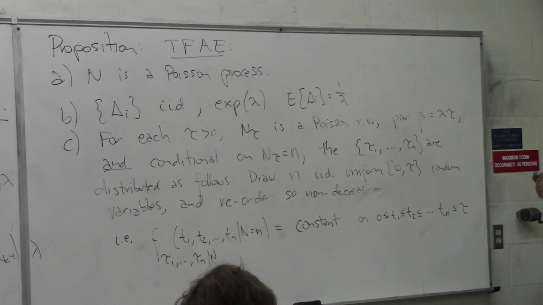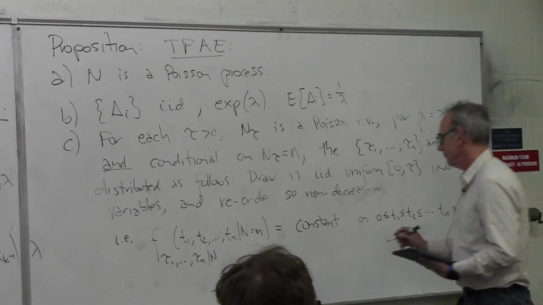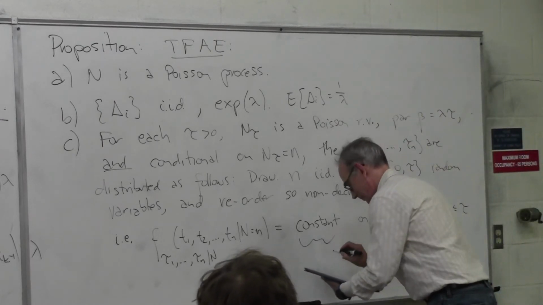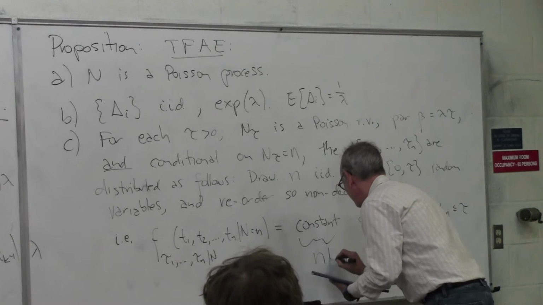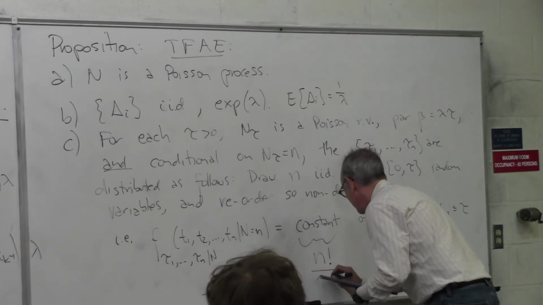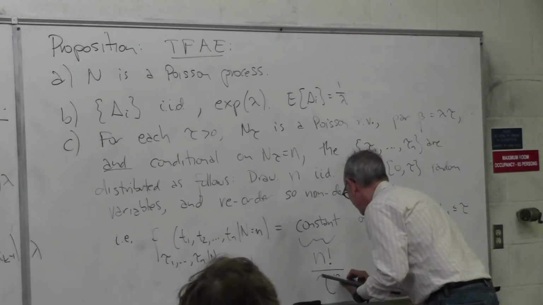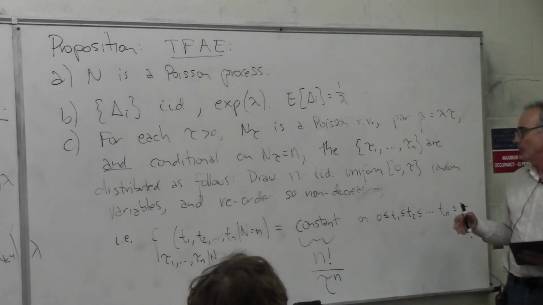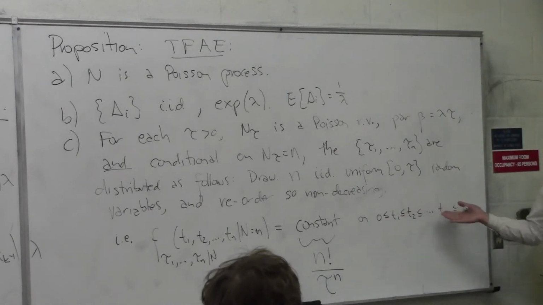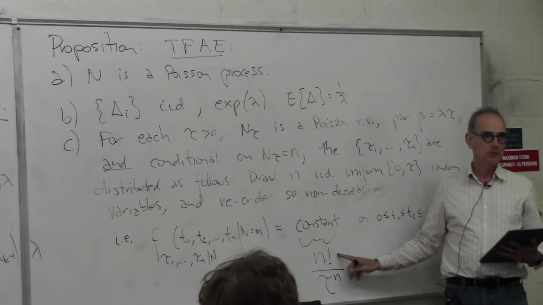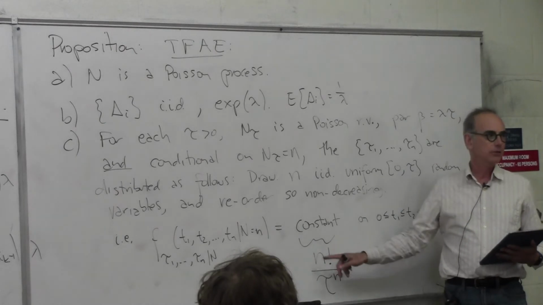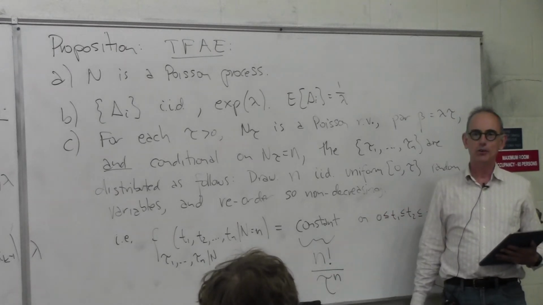Well, anyone can do this. It turns out that if you integrate this wedge, the volume of this wedge is tau to the n over n factorial if you do the calculus. And so this is just the normalizing factor to make sure the density does integrate to 1.